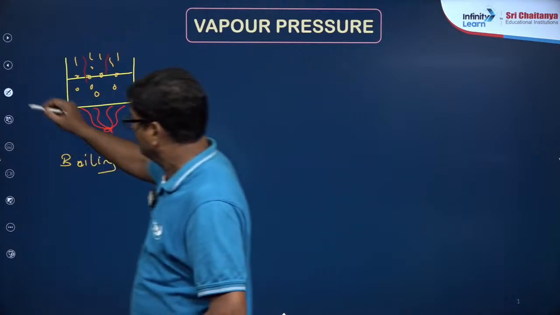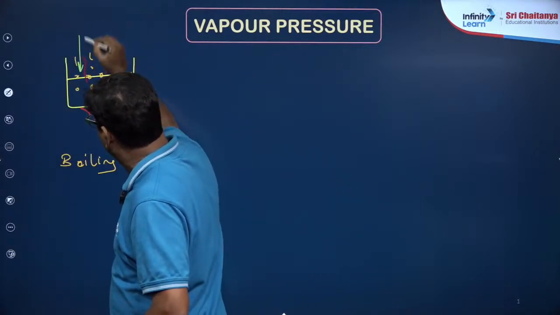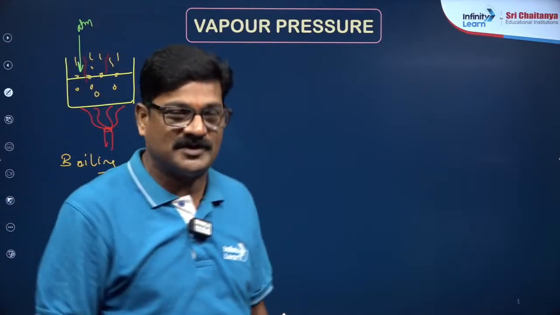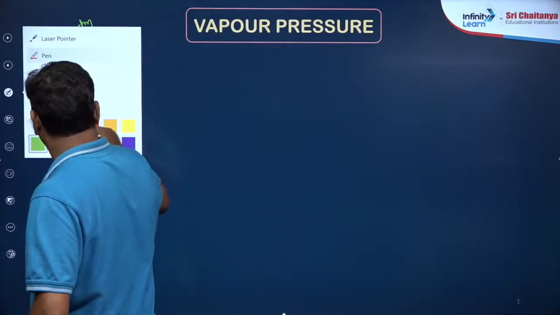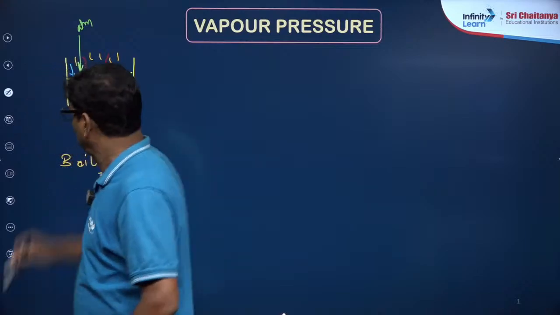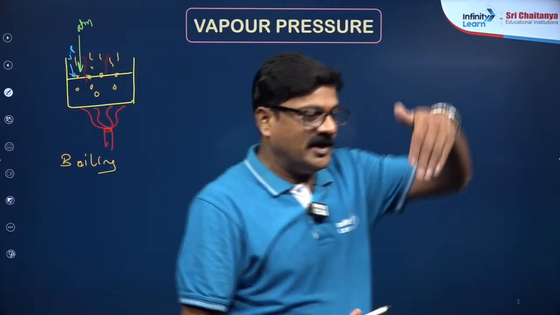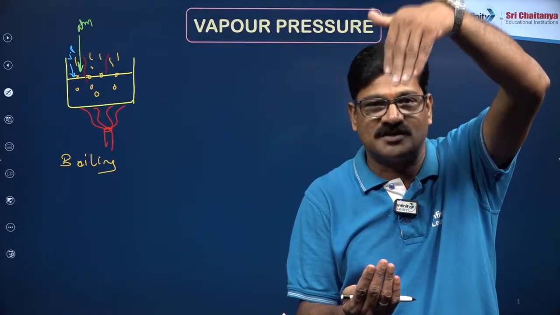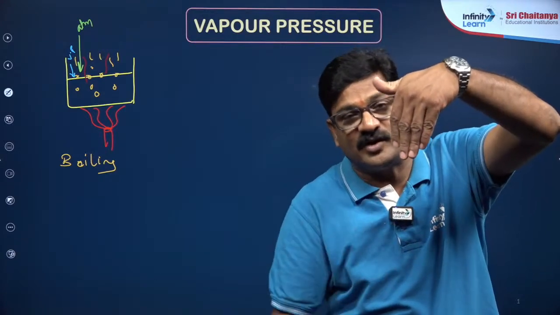Let us observe what is happening here. Here there is atmospheric pressure, and there is a vapor pressure. Atmospheric pressure is coming from the outer side of the liquid, and vapor pressure is generated from the liquid.